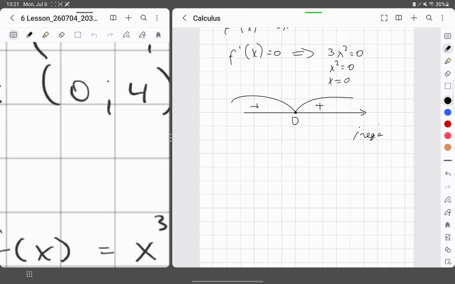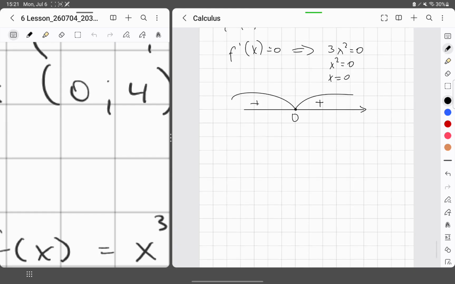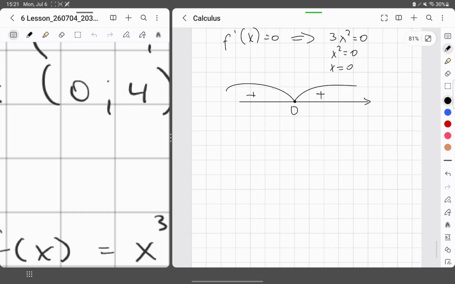It's like doing inequalities, really. It's really enjoyable. All right, what about our maximum and minimum points? So it starts from positive and it goes to positive. It means that we don't have any maximum and minimum points. Okay, just remember it.